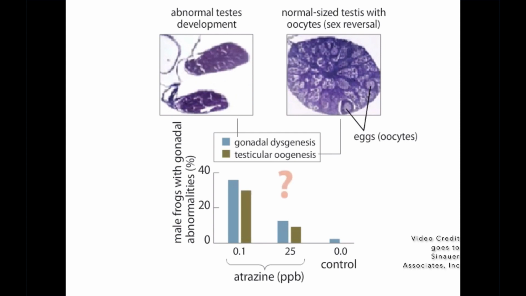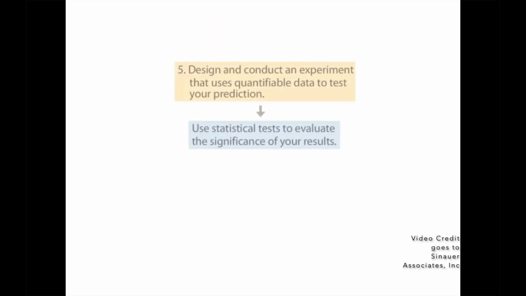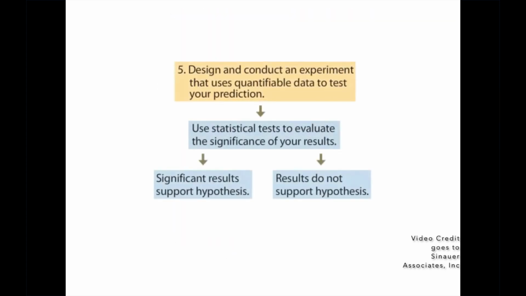Are the differences between the experimental groups and control group different from what you might expect from random variation? Statistical tests help to evaluate the significance of the results. From his analysis, Hayes concluded that exposure to atrazine at concentrations as low as 0.1 parts per billion was significant and had a dramatic effect on tadpole development. It feminized the males.